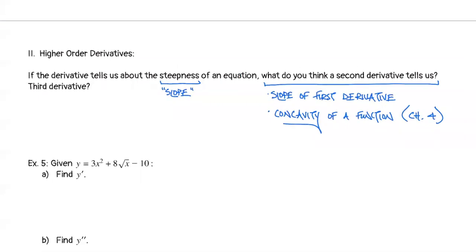But based on what we wrote for the second derivative, I'm wondering if we can tell what the third derivative might give us information about. The slope of the second derivative.